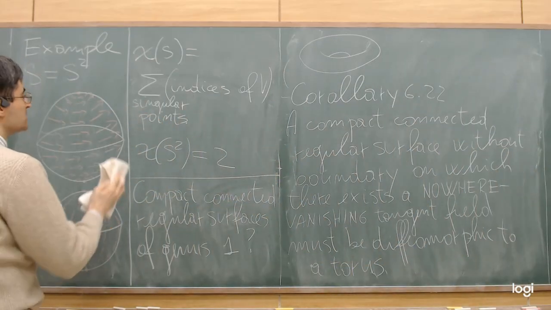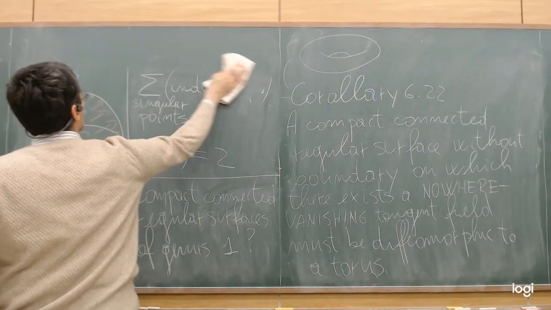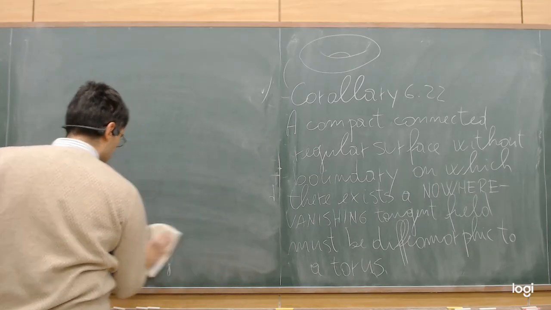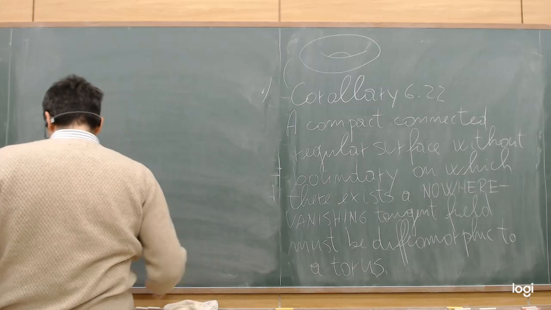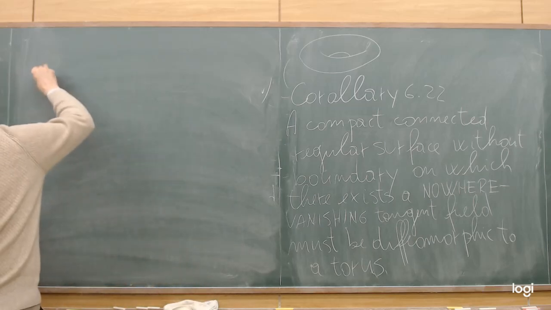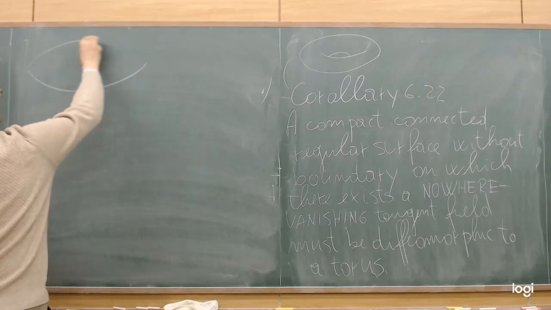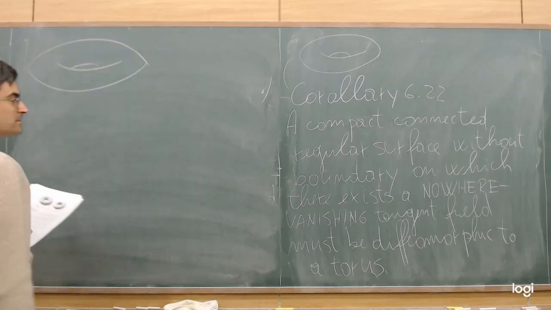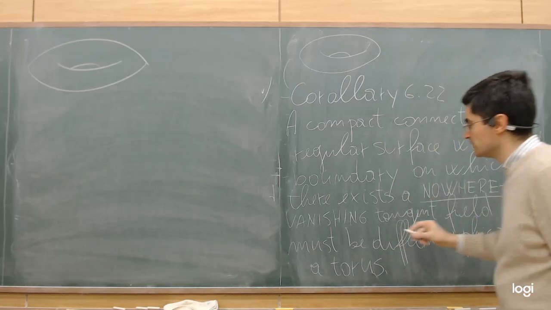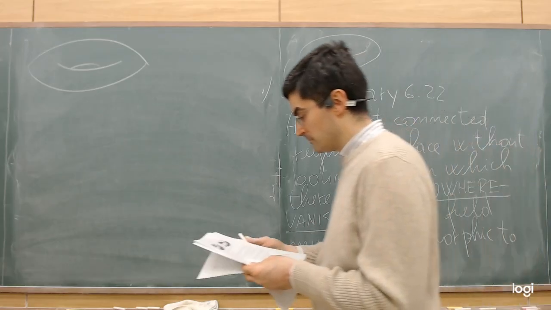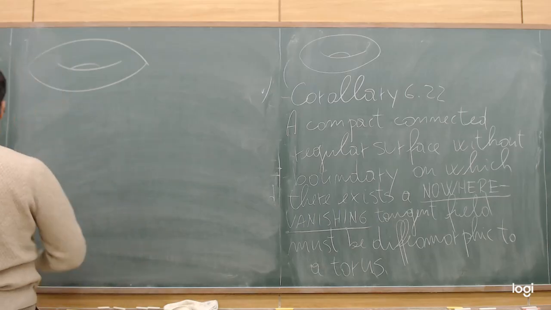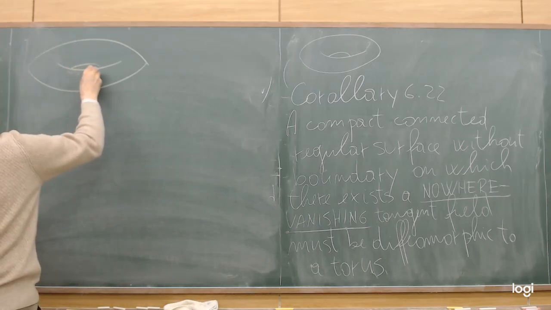So let's show that on a torus there exists a tangent field satisfying this hypothesis. For example, you can take this vector field here.